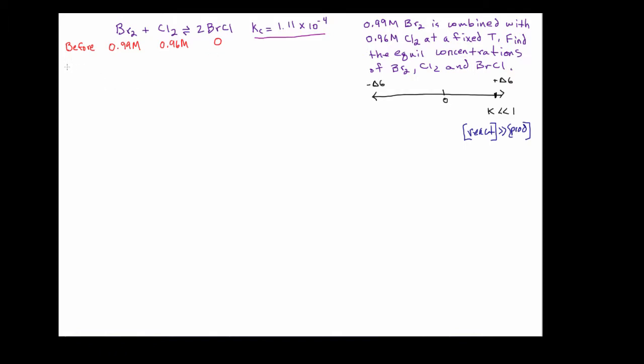Now, after the reaction comes to equilibrium, we're going to show how this change has to occur. Since there's no BrCl to begin with, the reaction has to shift to the right in order to produce some BrCl.